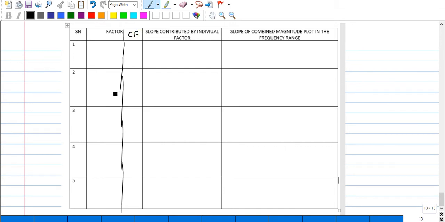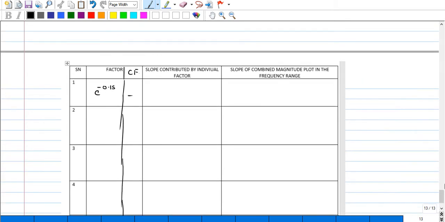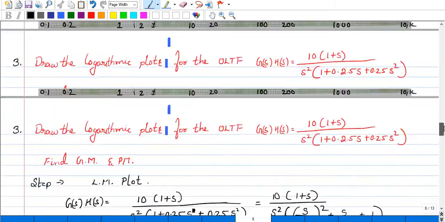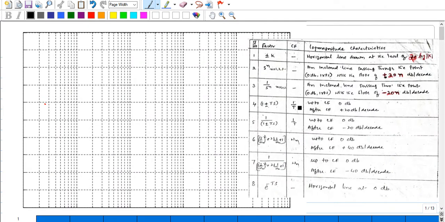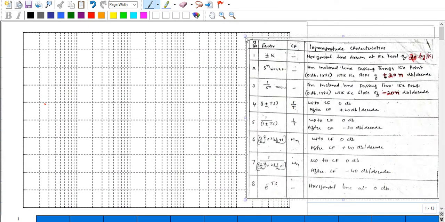The first plot will be the first factor, e raised to minus 0.1 s. For this there is no corner frequency. Okay, again if you check the tabular column, let me enlarge this particular part.